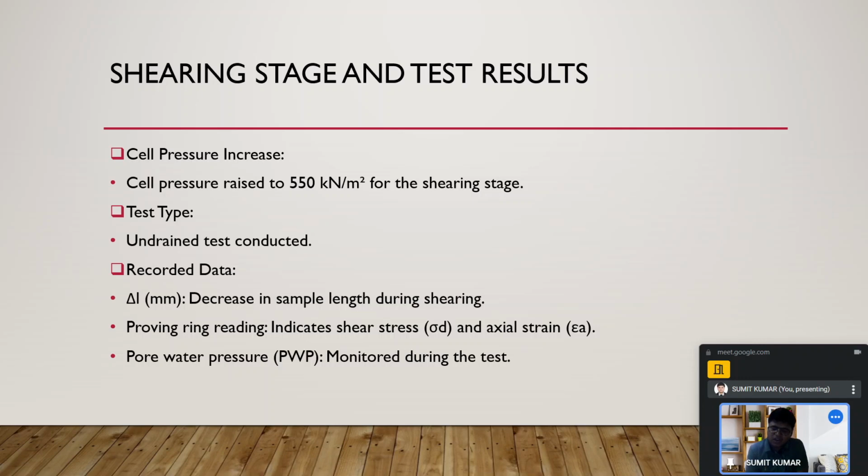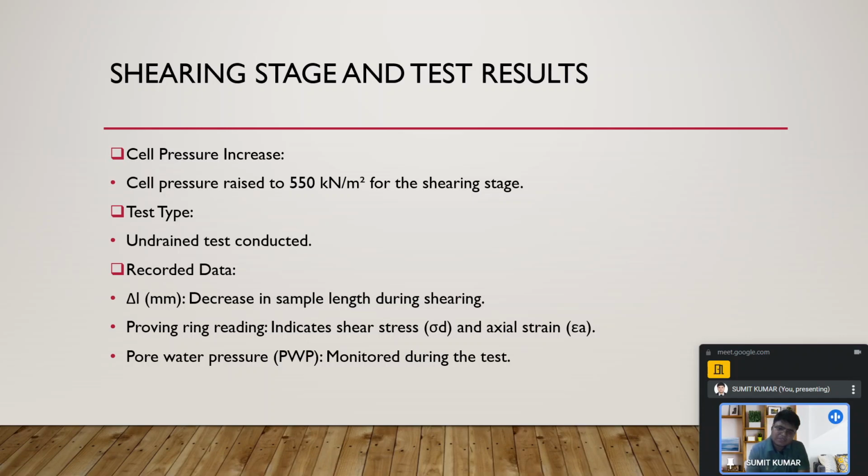You are a little bit aware of the different corrections we are talking about. The delta L is the decrease in the sample length during the shearing, and the proving ring readings indicate the value of the deviatoric stress, basically the stress which is applied in the axial direction. The proving ring states how much stress we are applying during those conditions, and so the axial strain.